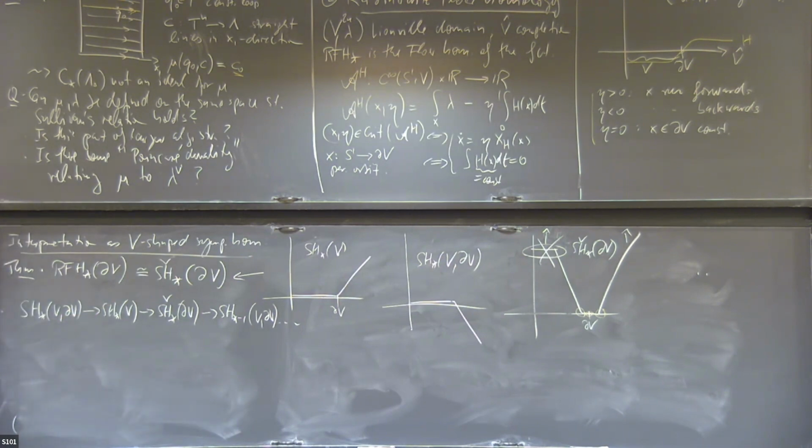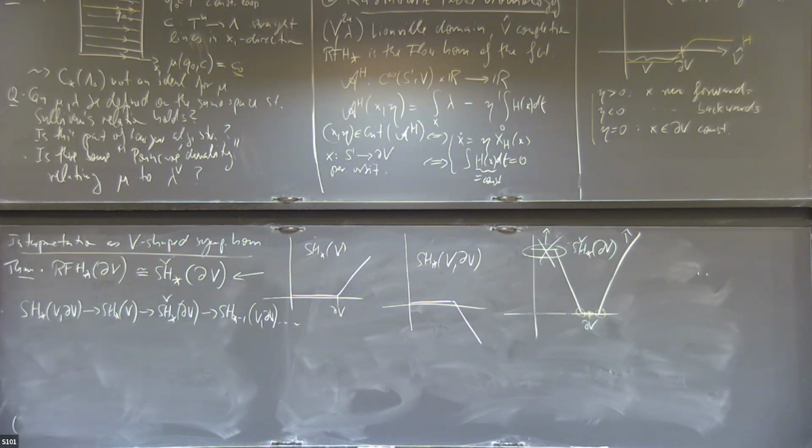And now you see that the terminology is kind of reasonable, because it looks like a sequence of the pair V, ∂V in cohomology. This is due to our convention that we decide to call it symplectic homology and not cohomology.